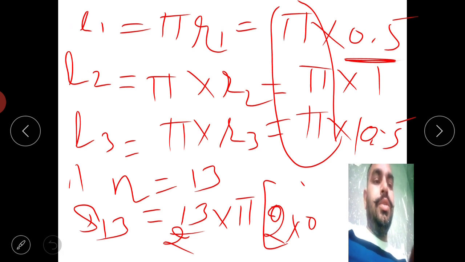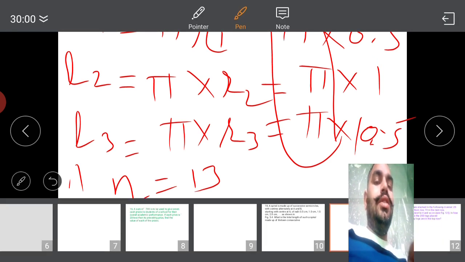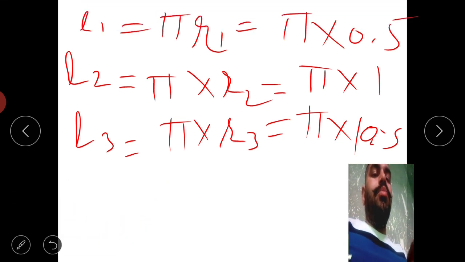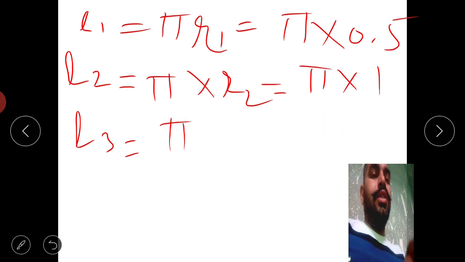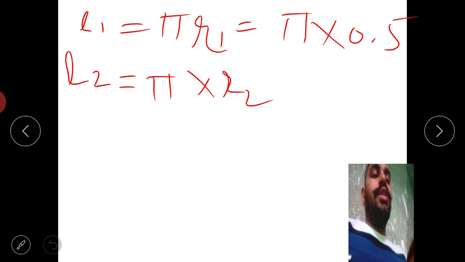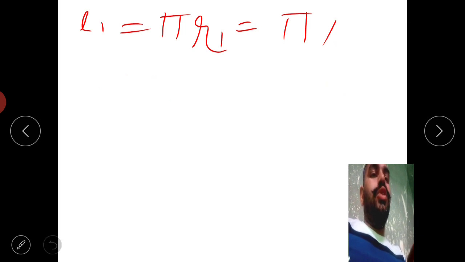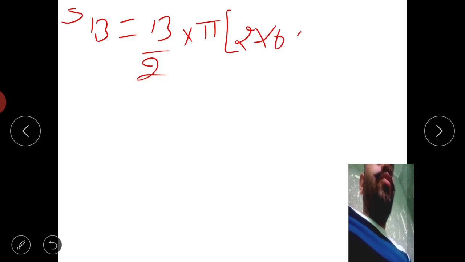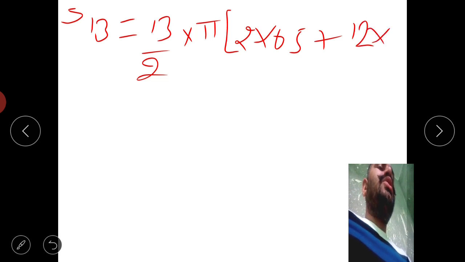नेक्स्ट हम इसी को रब करते हैं. So S13 क्या होगा हमारे लिए, वो हमें चेक करना है. S13, make a table, then how you can write the S13. So S13 is equal to 13 by 2, and pi we have taken as a common, into 2a, 2 into 0.5, plus n minus 1, it means 12, and the difference is 0.5, or 0.5 can be written as 1 by 2.